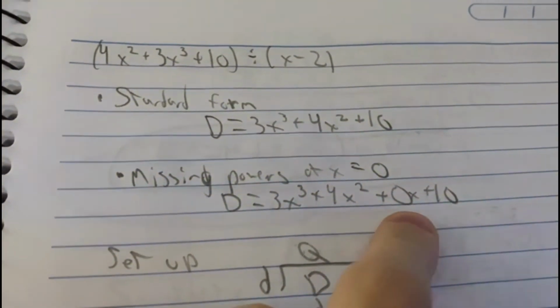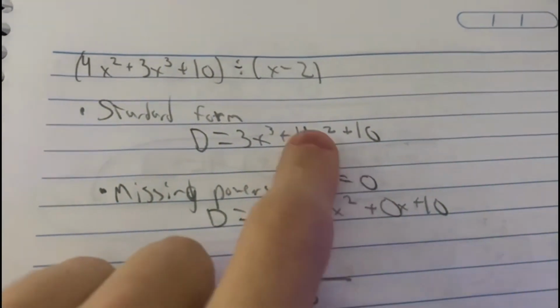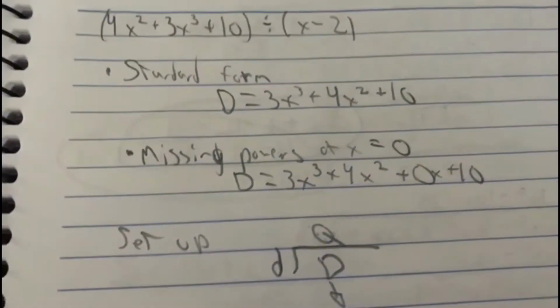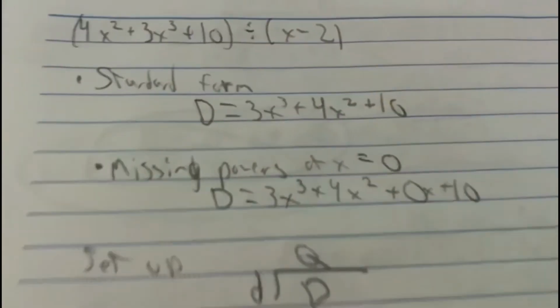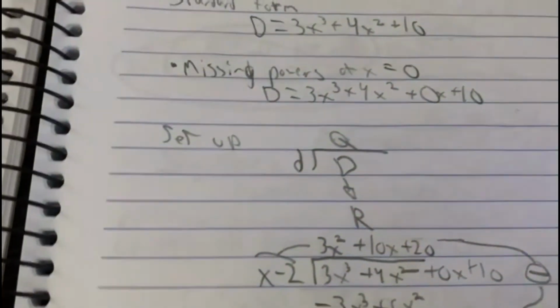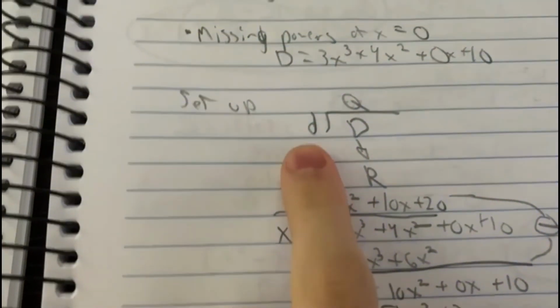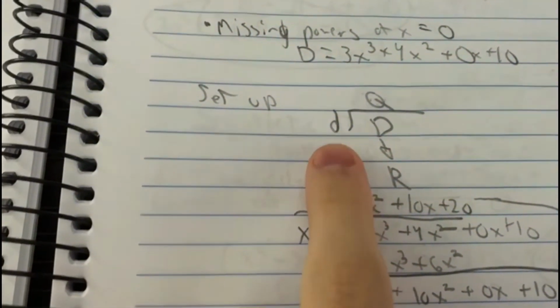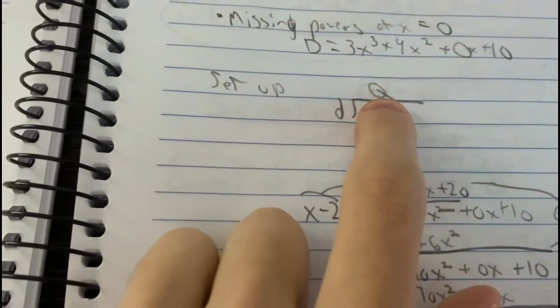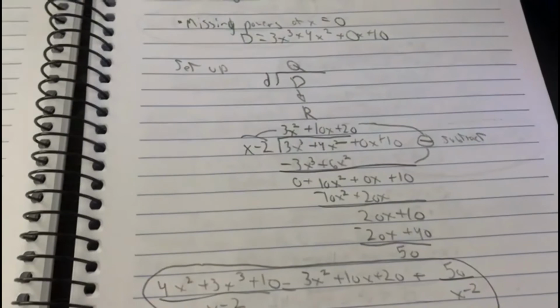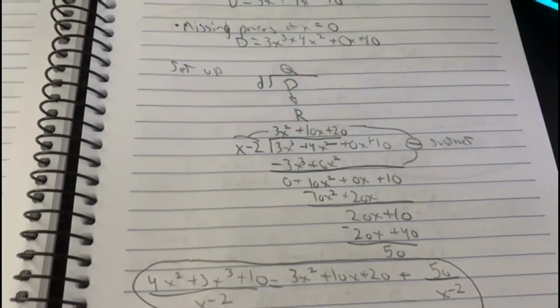And here we added the 0x because it's missing a power, okay? So the missing is a 0. And this is what I said before, but in practice. So this right here is the divisor, this is the dividend, this is the quotient, which is your answer, and this is the remainder. Now, how do you get to the answer? We're gonna show you right now.